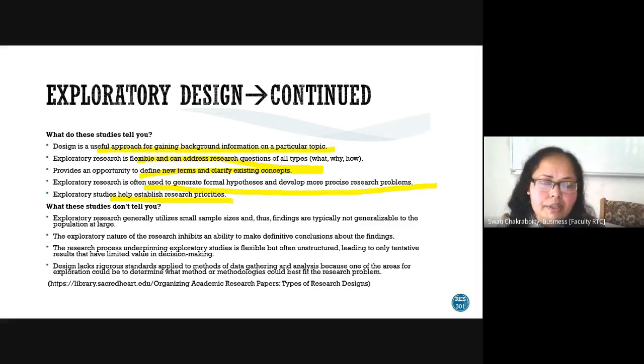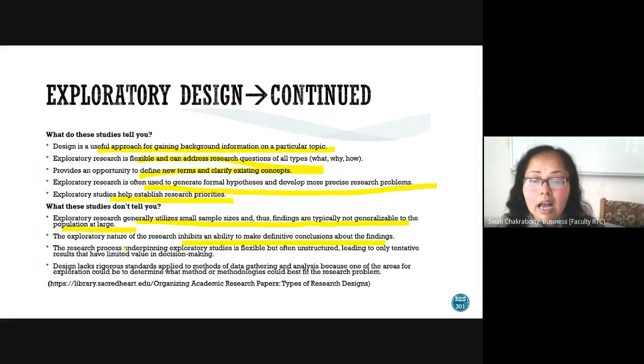What do these types of research designs not tell us? They generally utilize small sample sizes, and so findings are typically not generalizable to the population at large, and it prohibits us from making definite conclusions about the findings.